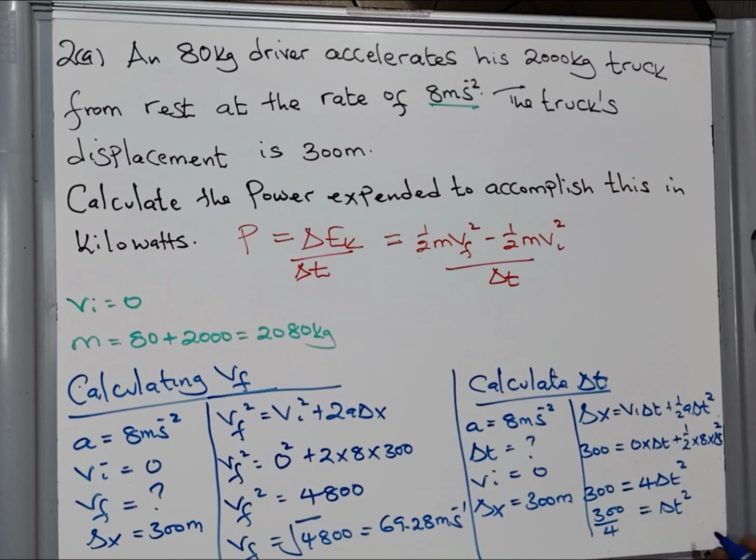The square root of this is going to give you delta t, and it becomes 8.66 seconds.